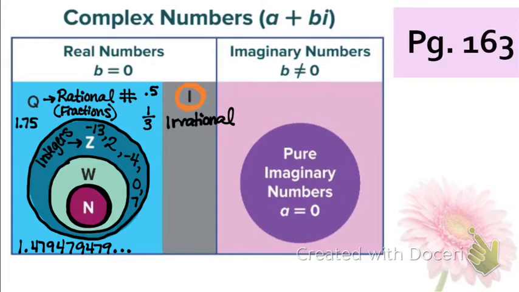Irrational numbers, things that we can't write as fractions. Have you guys heard of pi before? Pi is about how big? 3.14. Does it stop there? Yeah, 3.1415 something. That's as far as I know it.